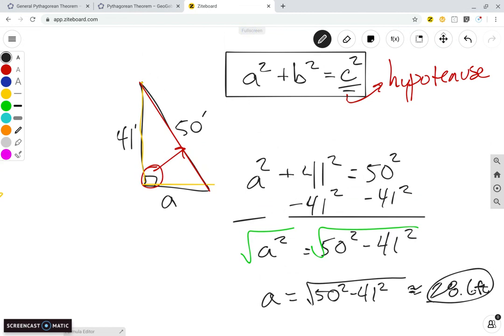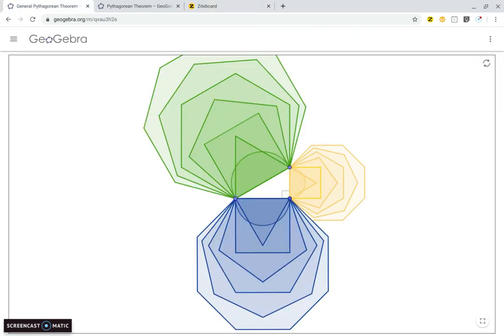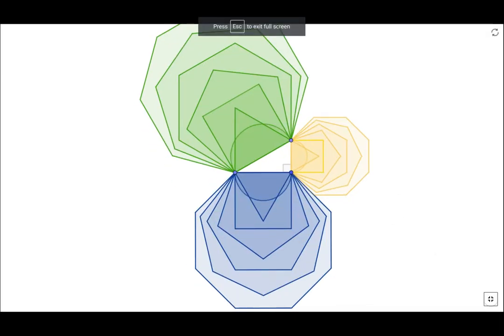Now, something interesting about the Pythagorean theorem is we're almost always talking about the squares coming off of the sides of the triangle. However, this can be generalized. It works for literally any similar shape that we want to form off of the sides of the triangle. So here we've got a semicircle, equilateral triangle, square, regular pentagon, hexagon, heptagon, octagon, right?